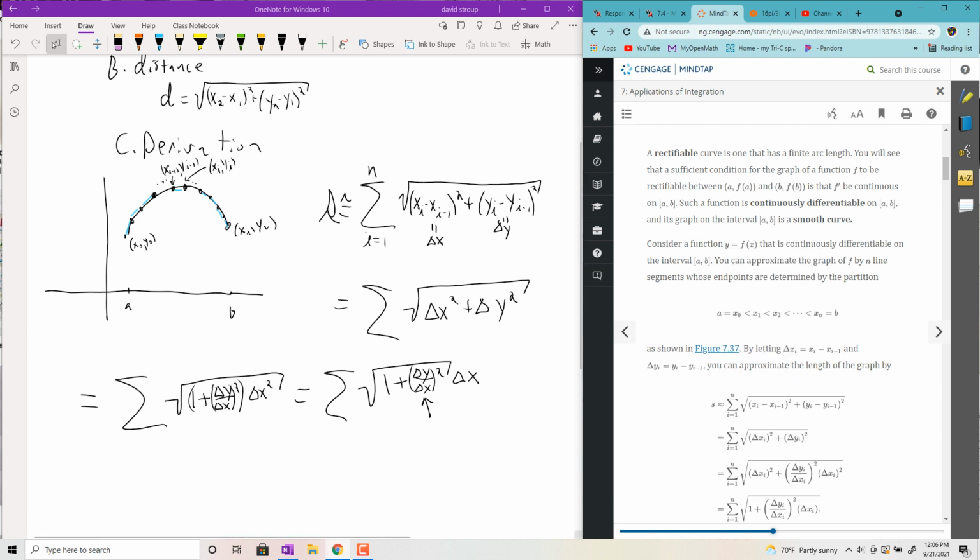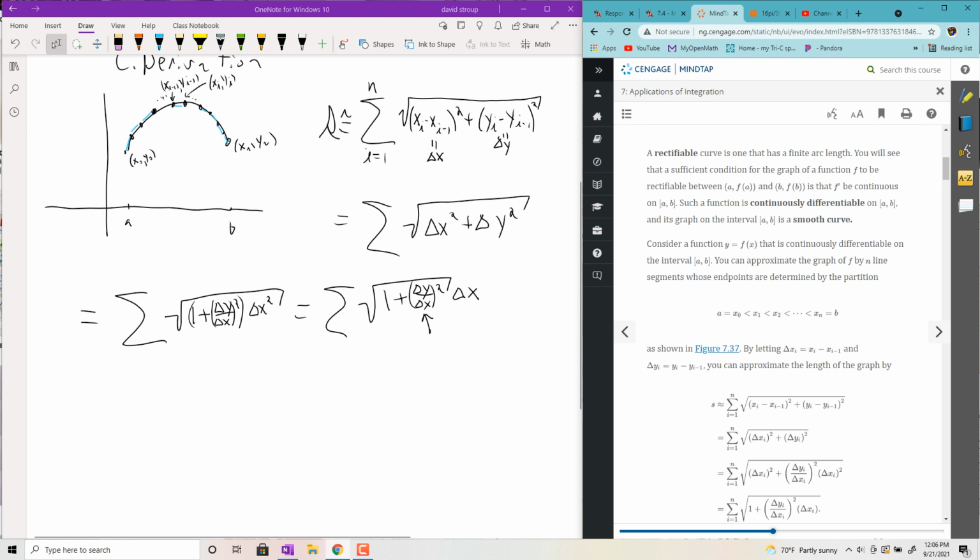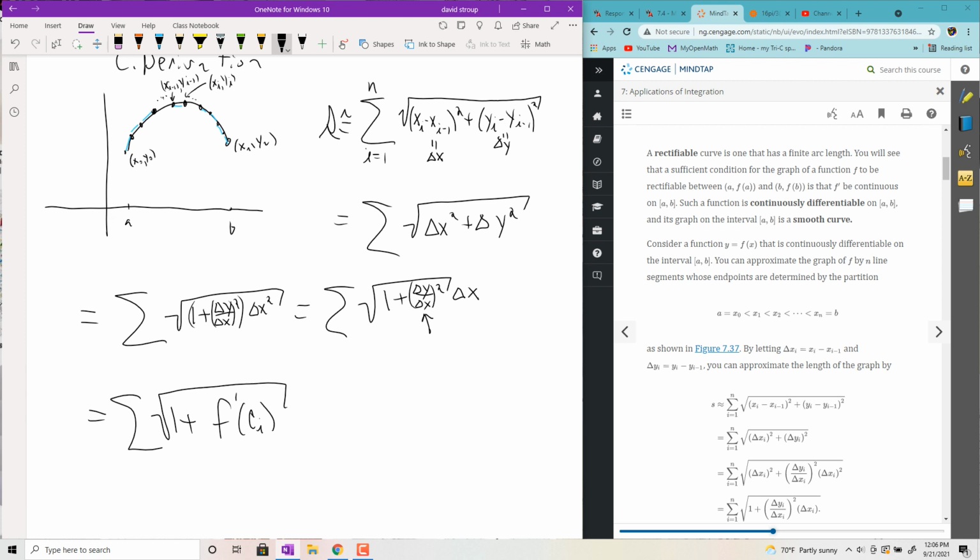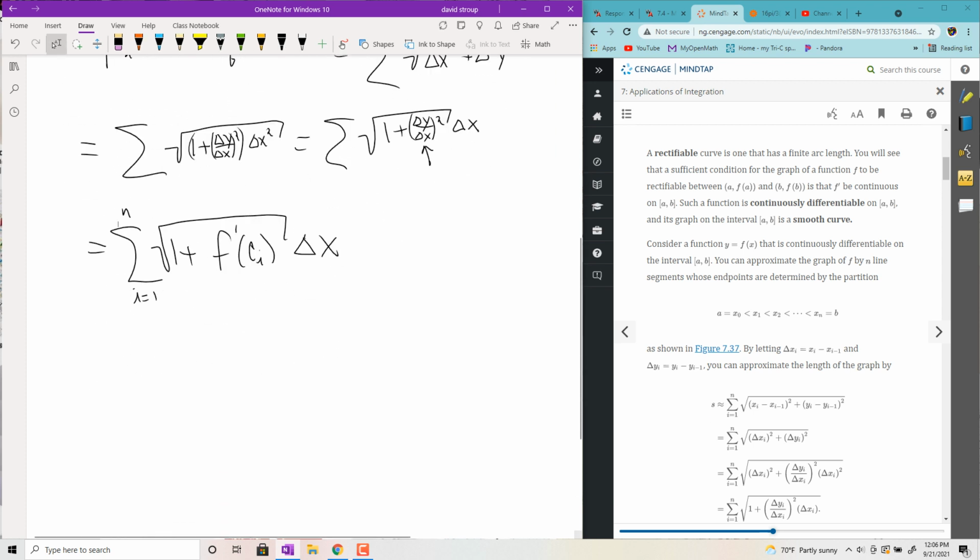And if you have that, you can use the mean value theorem on any of these subintervals to find a c value such that we can do a substitution and rewrite the expression as the square root of 1 plus f prime of c sub i squared, for some c sub i in the interval from x sub i minus 1 to x sub i, and rewrite our sum from i equals 1 to n.